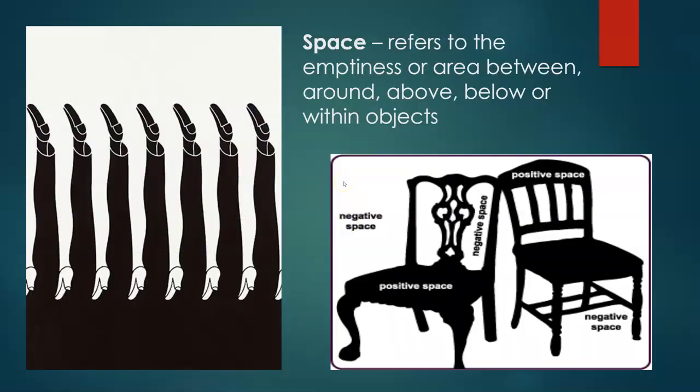Space refers to the emptiness or area between, around, above, below, or within objects. So if we look at the art on the left, we see men's pant legs and shoes, and then we see white space. Or some of you might have seen a woman's white legs and dress shoes.